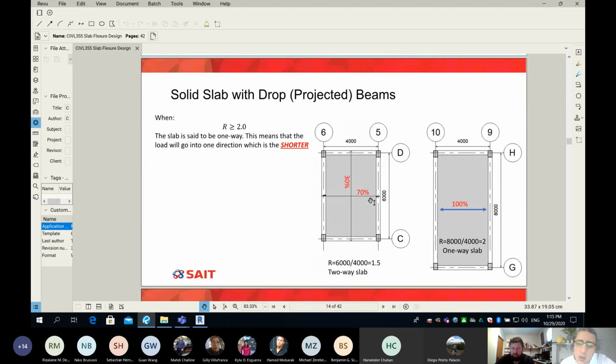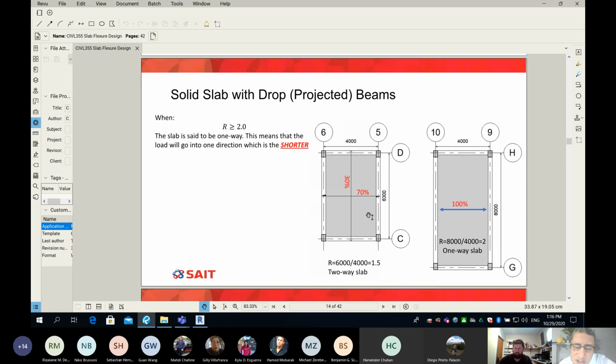Now, going forward, if we elongate our slab a bit, so we went from 4x4 to 4x6, you can see my R is, how much? Always the larger, which is 6, by the smaller, which is 4, so 1.5. And any number less than 2 still works as two-way, so there is a good share between the loads.